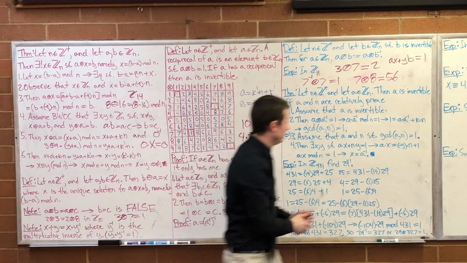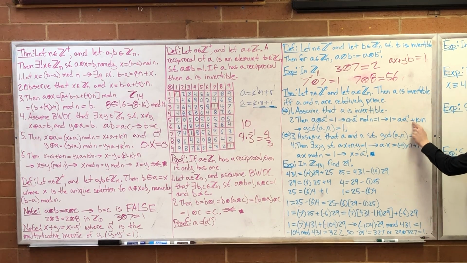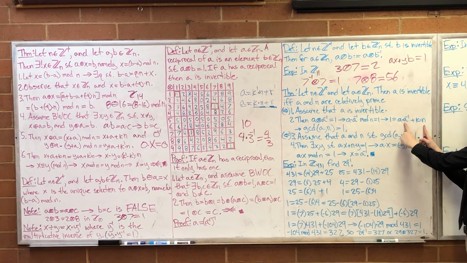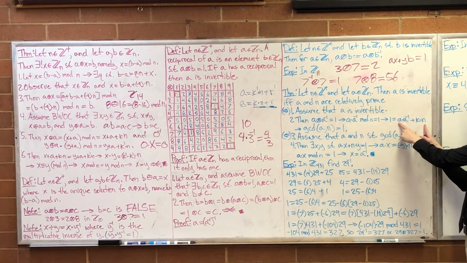All right, notice what we did. We now have a times some integer plus some integer times n equals 1. Therefore, using the theorem we proved last time, the GCD of these two numbers is 1. But all we were trying to prove is that the GCD of these two numbers is 1.